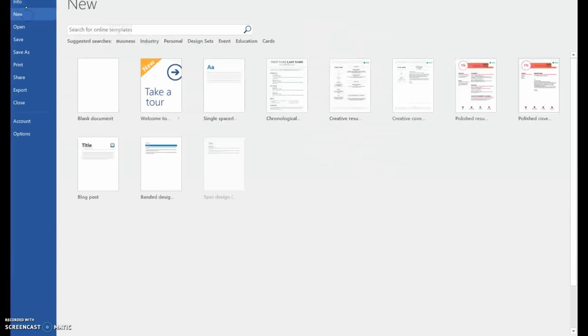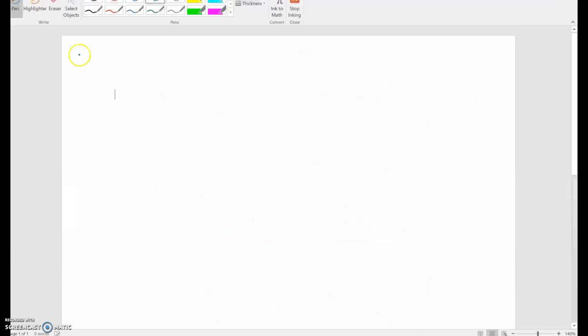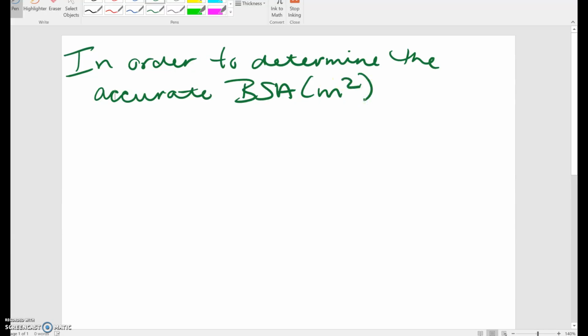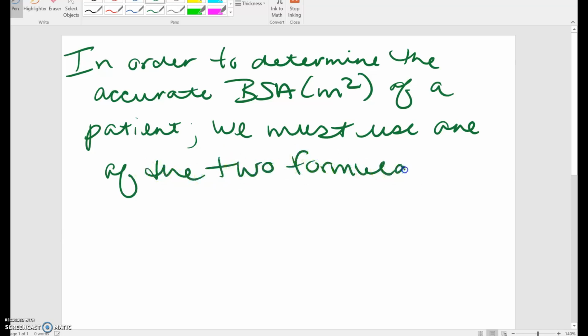So in order for us to determine the accurate body surface area, and I put meters squared because that's the units, in order to determine the accurate body surface area of a patient, we must use one of the two formulas. All right.